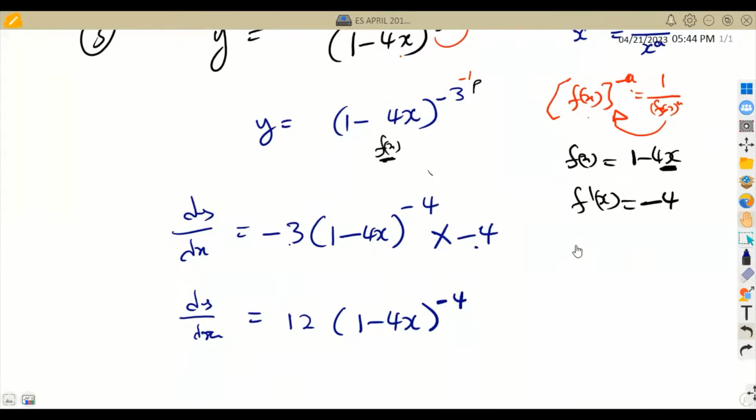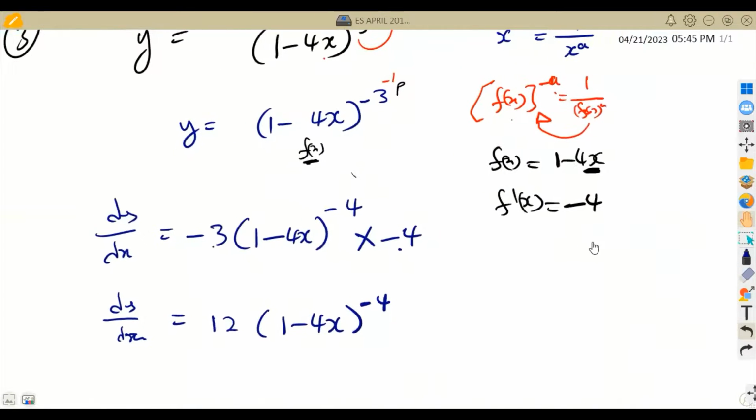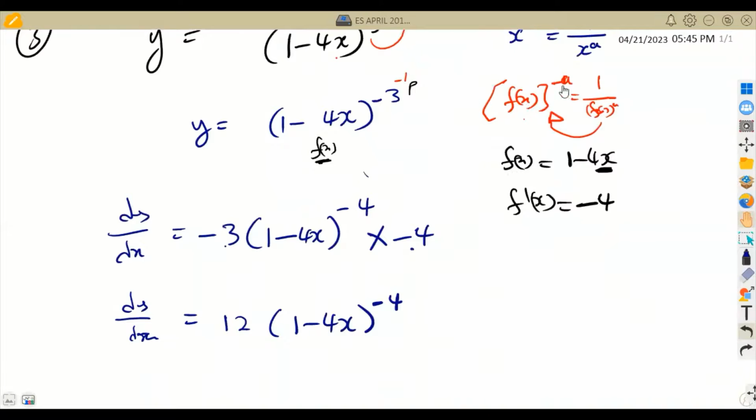Remember, I was saying here, if a function is being raised to a certain negative exponent, we can write this as 1 over that function to the exponent of a positive a.